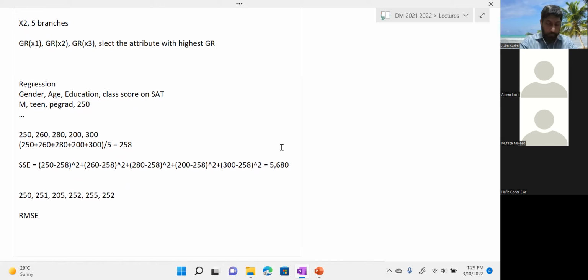All right. So far we have talked about attributes that were nominal, meaning that they had labels. What happens if you have attributes that are continuous? Let's say you have an attribute like age, and age is a continuous value, let's say between 10 and 70.